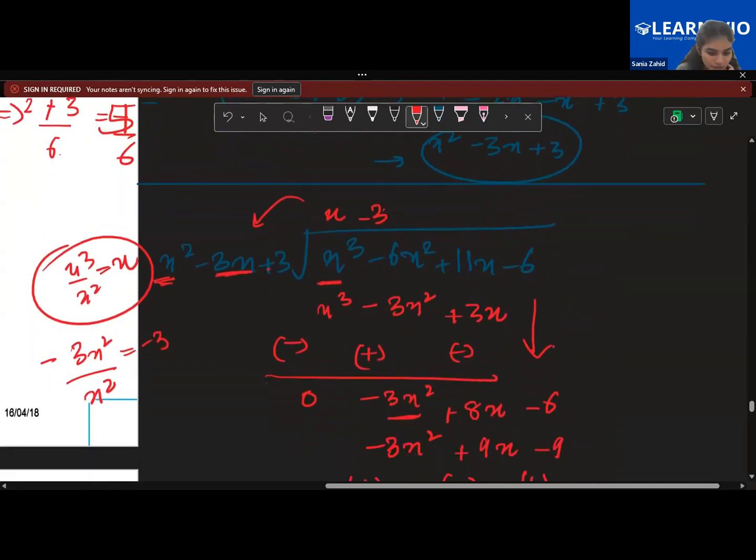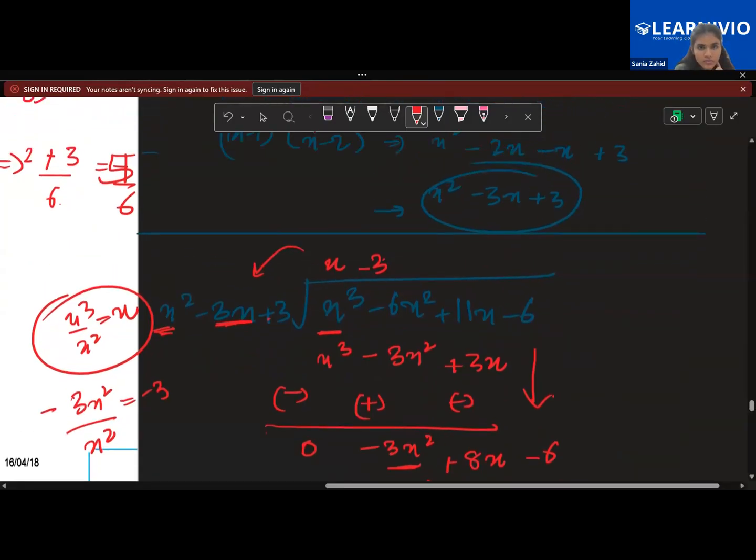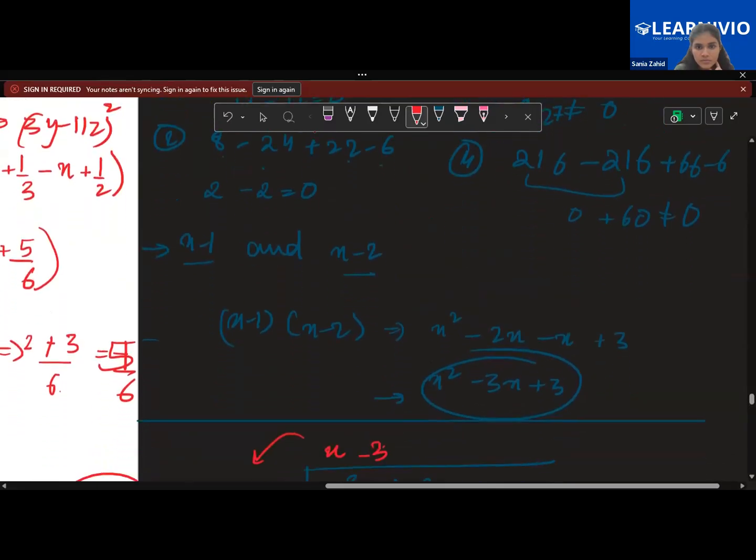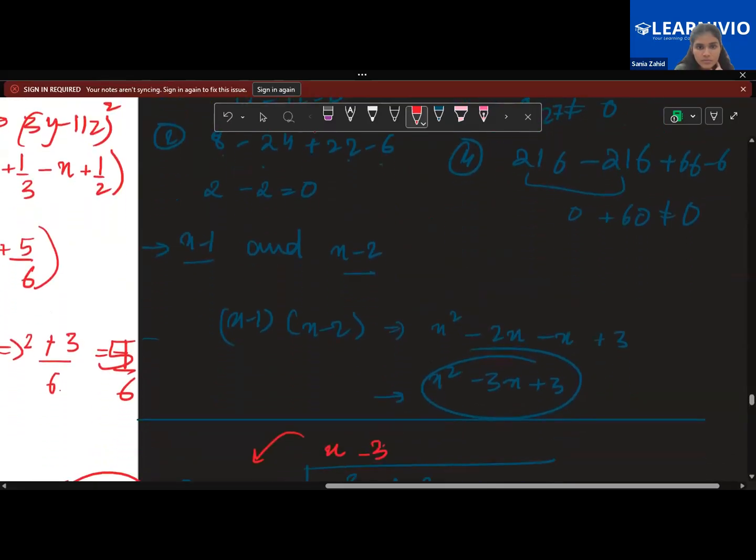Let me check the question again. X cube minus 6x square plus 11x minus 6. One minute children. Okay, children, I'm sorry, I made a mistake.